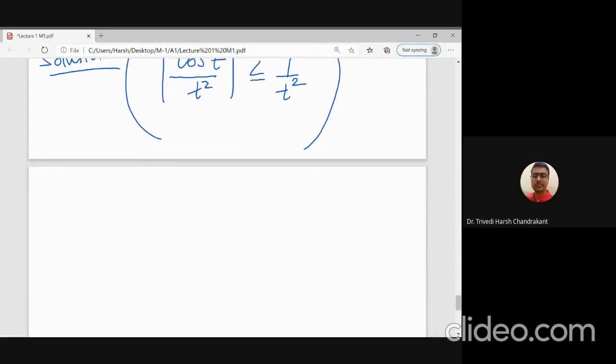So first of all, note that the function f(t) = cos square t by t square is non-negative.